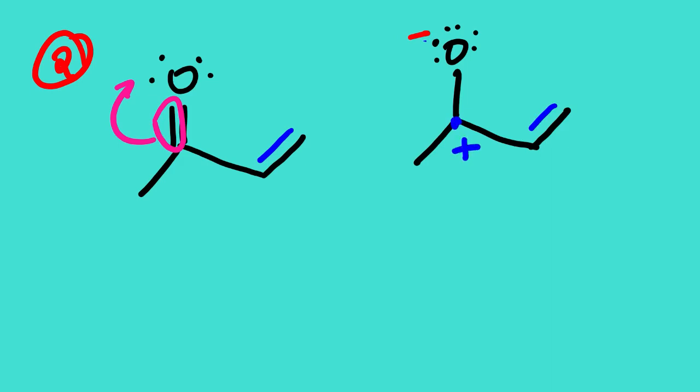And then we said electrons, they normally flow from a region of high electron density to low electron density. So we can see that we have this pi bond here. Then since here it's the region of high electron density, and then this is the region of low electron density, this pi bond will shift this direction.